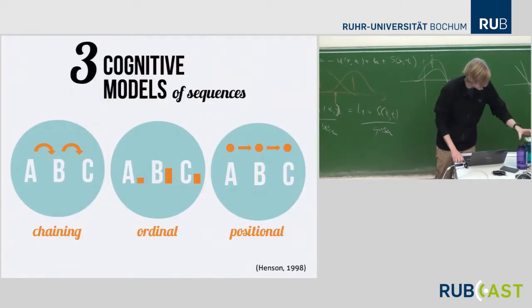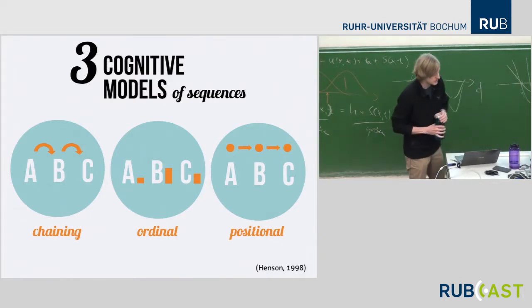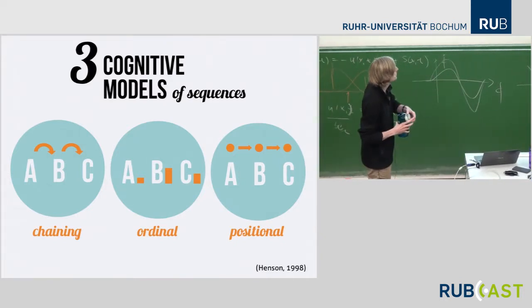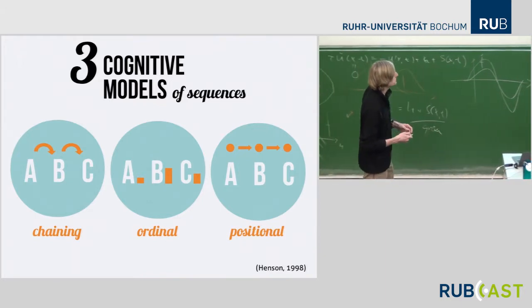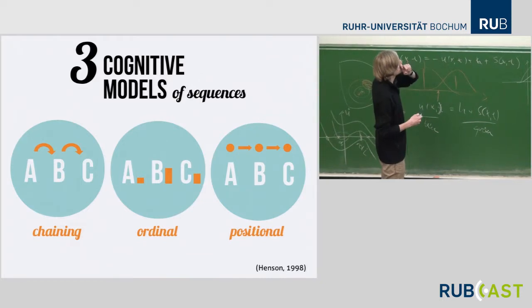Now, before I move on to an actual architecture, let's look at some of the methods that you can create sequences with. This is actually from a paper by Henson from '98, and he has looked at different models that generate sequences and extracted these three types.